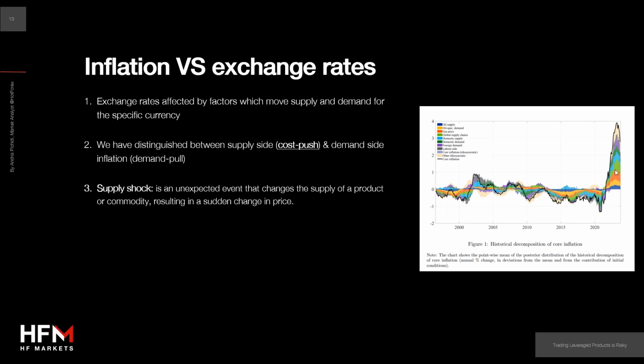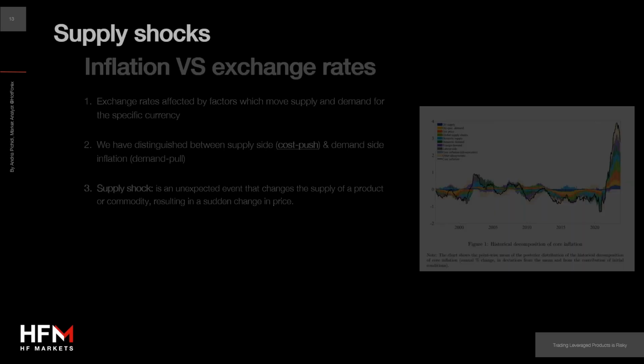So over here is just a historical decomposition of the core inflation in the US. And you can see how oil, the supply chain disruption, the gas prices due to the Ukraine invasion, and the solid labor market have led to a spike in inflation.